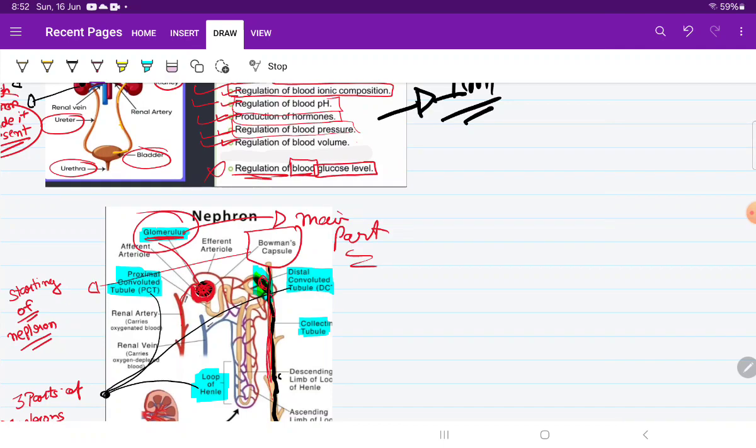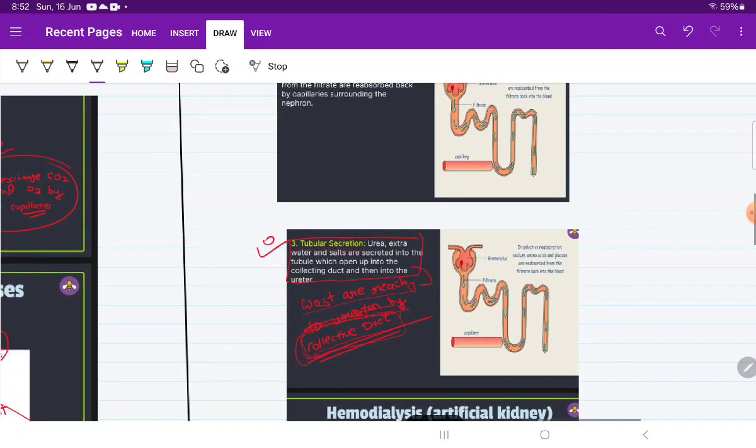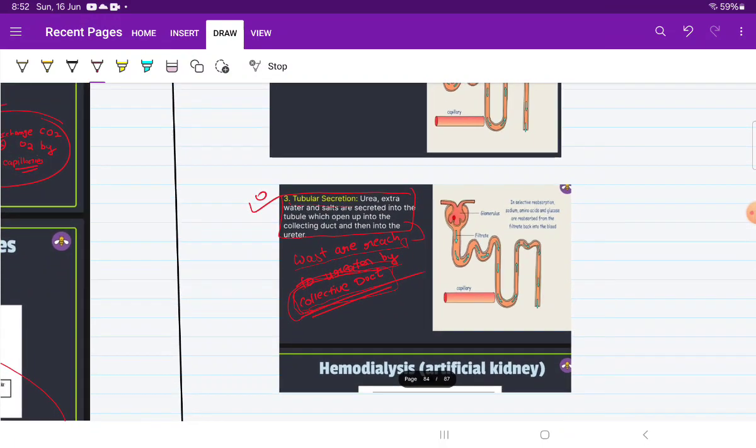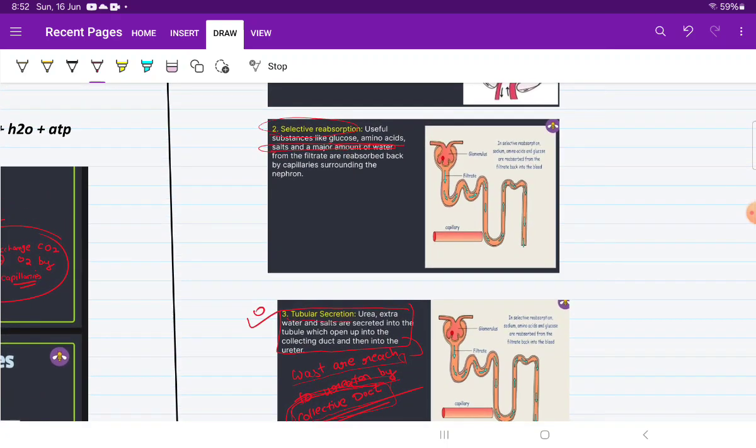This is the collecting duct, which transfers the waste material to the urinary bladder. Okay, so this is the work of the nephron.